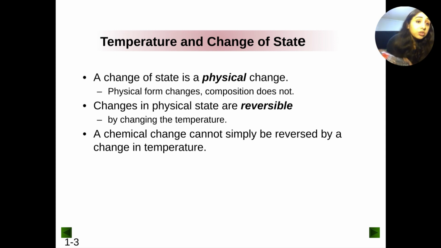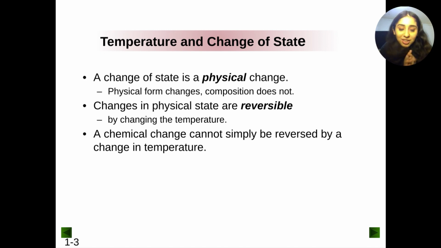Either way, ice or water, H2O, chemically the makeup is the same. So the physical form changes, but the composition does not. Changes in the physical state are reversible by changing the temperature. So like I said, you could just heat it back up and it would still be H2O, or you could freeze it again back into ice and it would still be H2O. Either way, it is that molecular makeup.